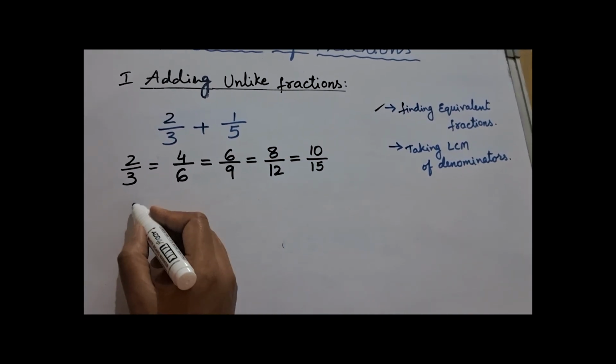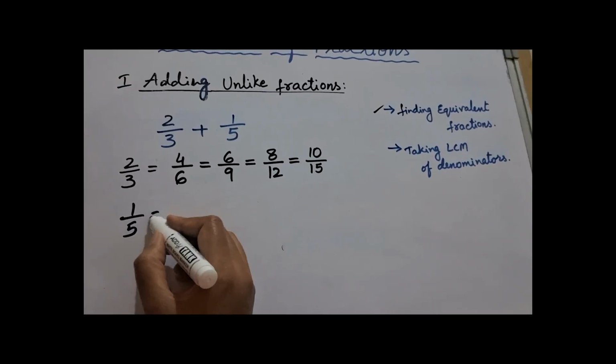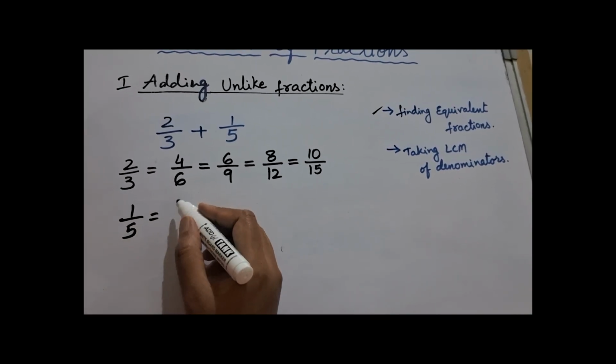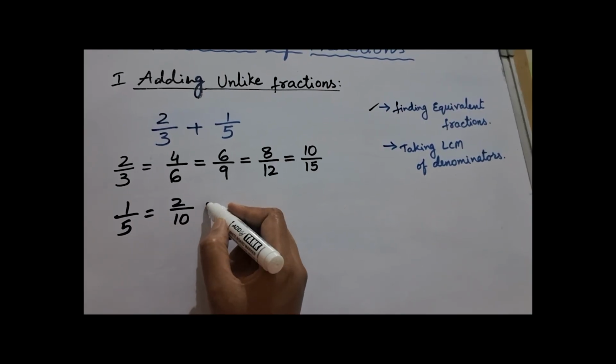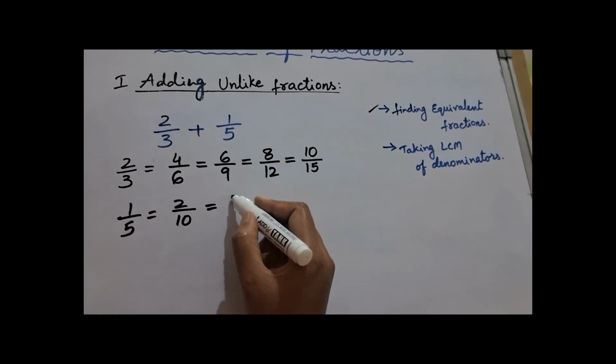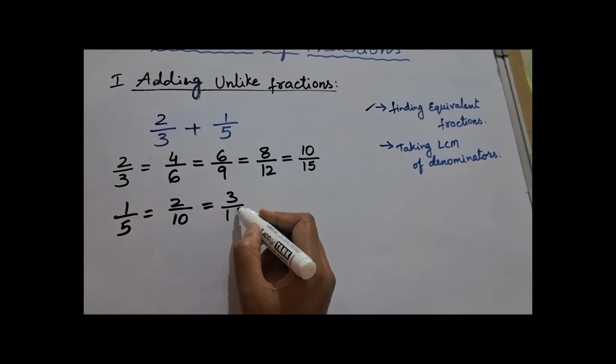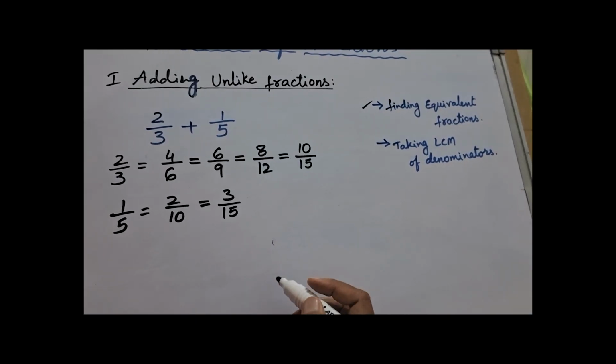Similarly, 1 by 5 can be written as 1 into 2 is 2 by 5 2s are 10, also equal to 3 by 15. Okay children.